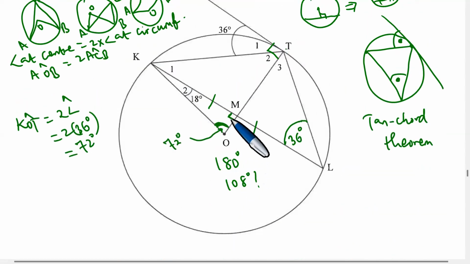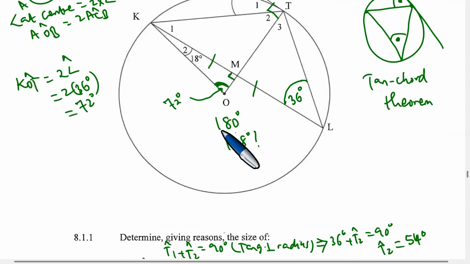We just need to find this angle here. So we need to find angle KMO, this angle. This angle is going to be 180 minus this and that. So it's 180 minus 18 and 72.